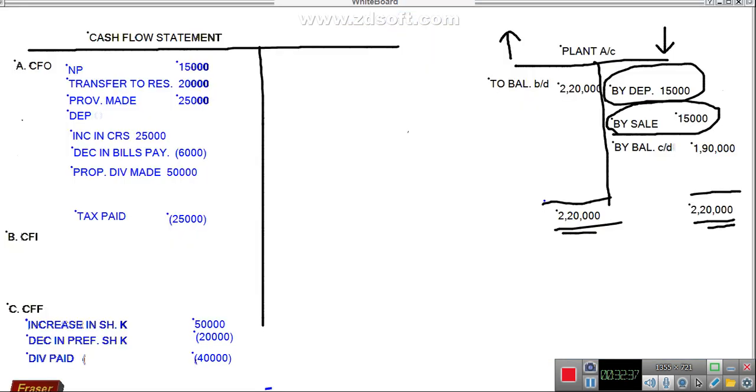So total depreciation you can add here is 25,000. Alright, and then sale of plant is 15,000. This is a part of cash flow from investing activities. So sale of plant is to be included in the cash flow from investing activities, and we are considering it in bank or cash form. So 15,000 will be added here.